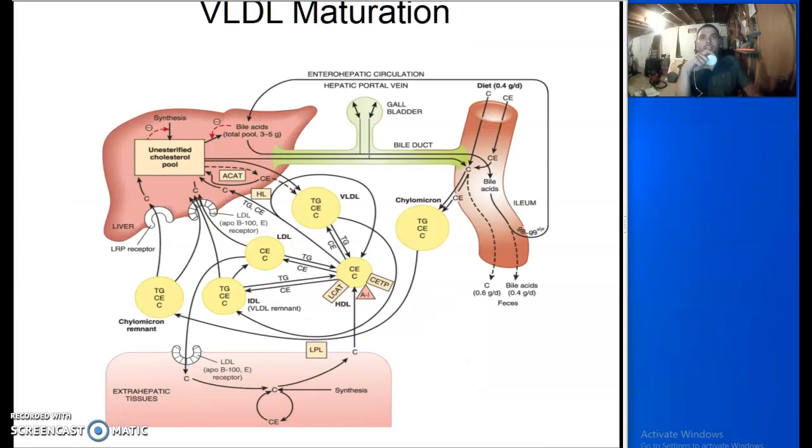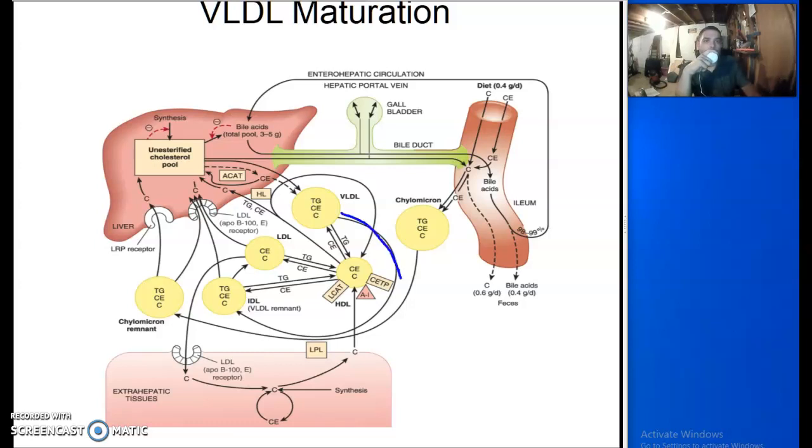So within our circulation, again, we talked about being secreted with our triglycerides, cholesterol esters and cholesterol, interacting with HDL, taking some of HDL's cholesterol, donating triglycerides. Again, with these cholesterol esters being pulled in, it's also attaching the ApoC2 and ApoE.